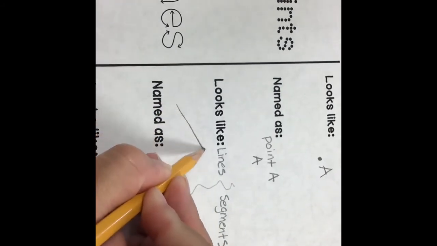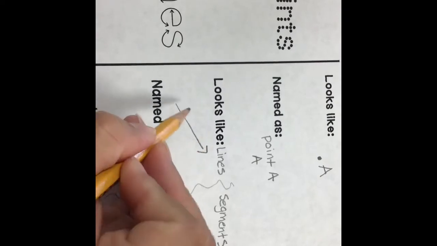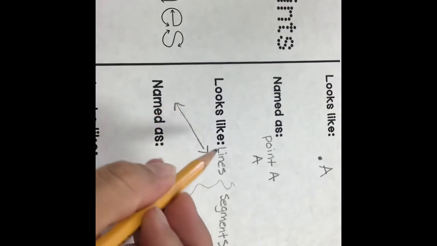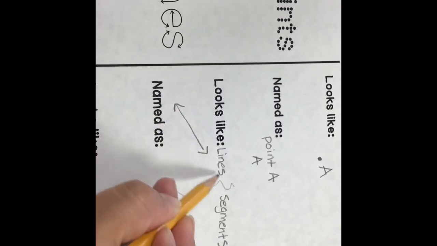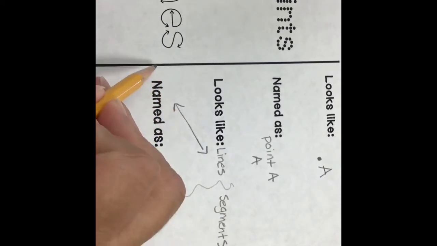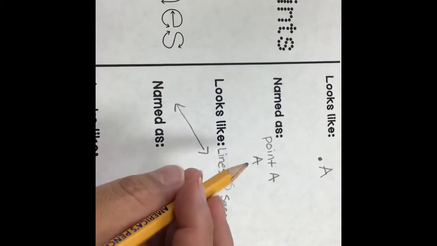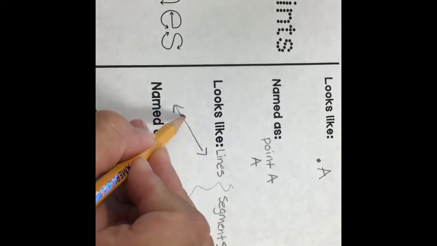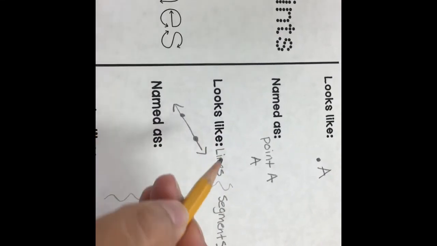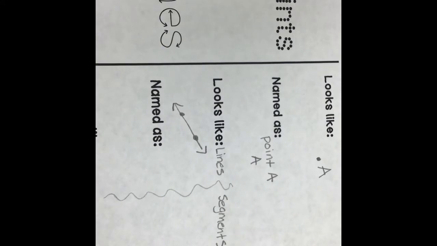Well, lines are just a line like this, but they have to have arrowheads. What that means is it's going to keep going in both directions. They'll keep going up and they'll keep going down. I don't know if you remember in algebra that we need 2 points to define a line. In geometry, we need the same thing. 2 points to define a line.